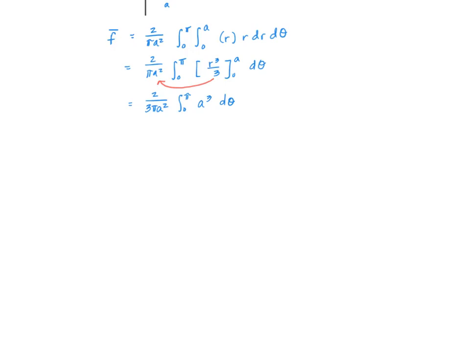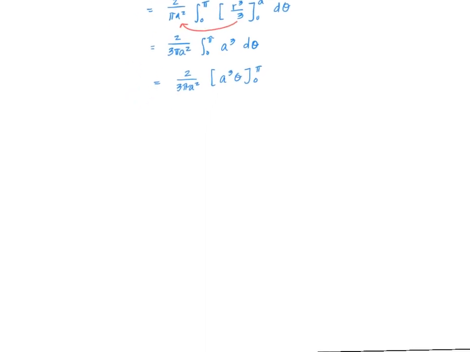Now I'm integrating with respect to theta. a is just a constant, so that's going to be a to the third times theta. So I have 2 over 3 pi a squared, a to the third times theta, evaluated from 0 to pi, which then becomes a to the third pi.